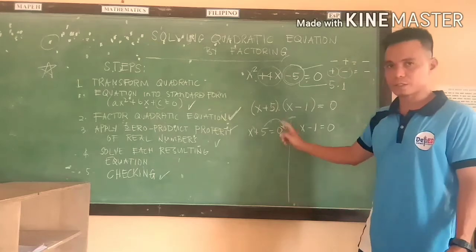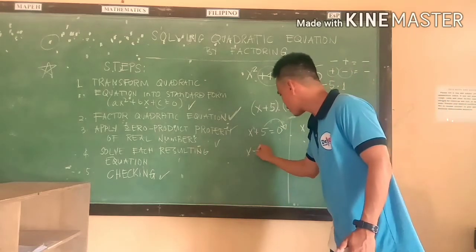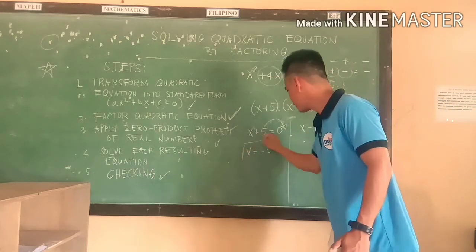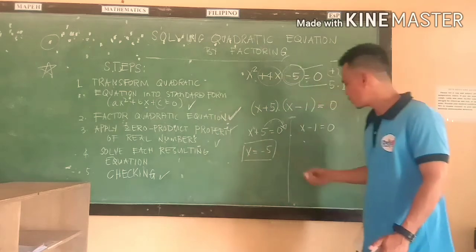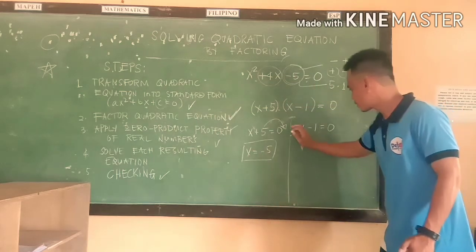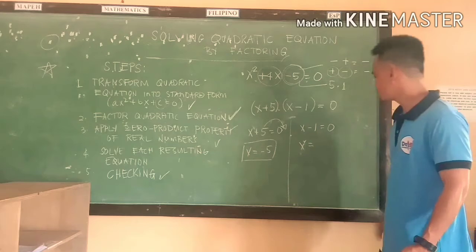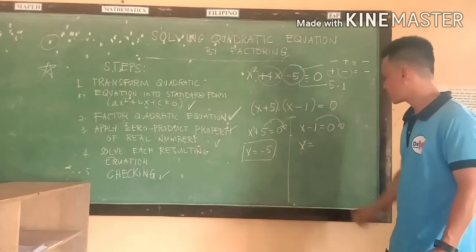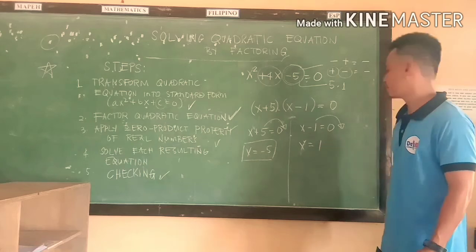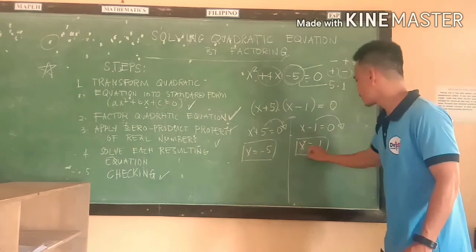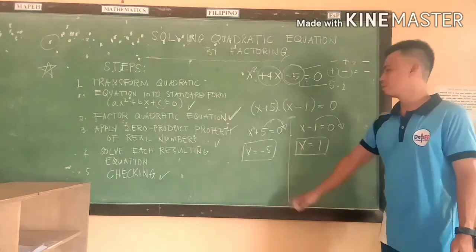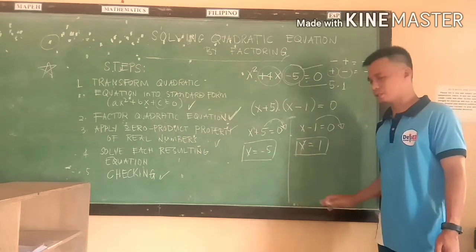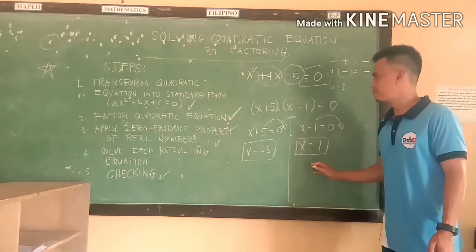Transpose positive 5 to the other side, we'll have x is equal to negative 5. And the other one, x is equal to negative, transpose to the other side, we'll have positive 1. So, there you have it. Our answers are negative 5 and positive 1.